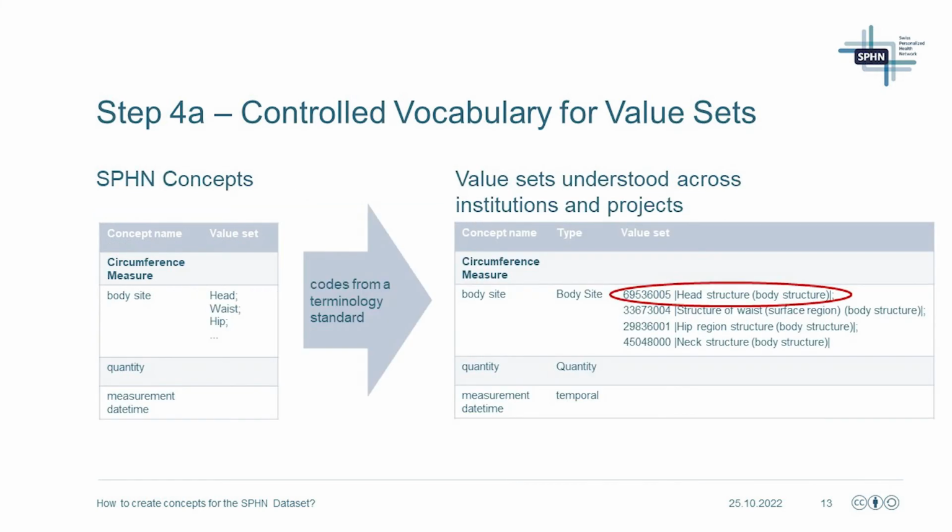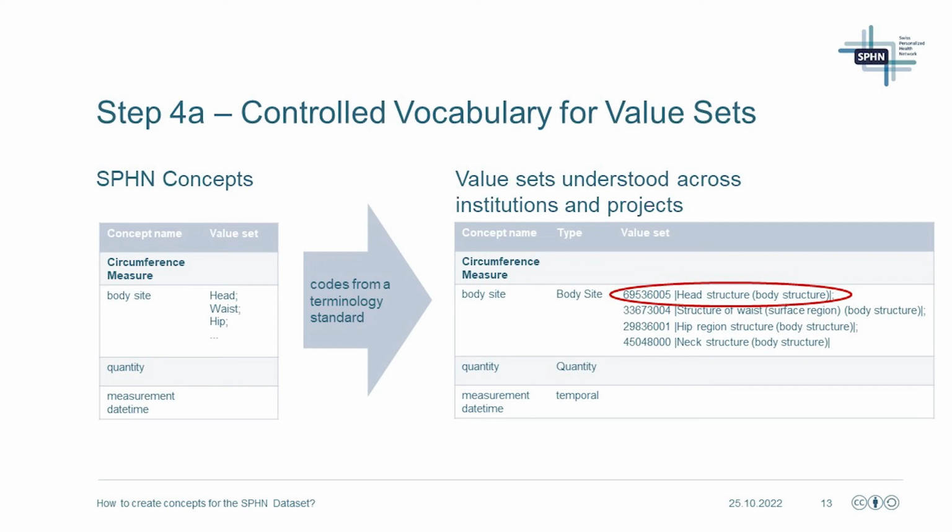That allows us to define the value set for our circumference measure concept. We have already a guiding border to design it, and all the SNOMED CT codes you see here we have chosen now for this value set are descendants of the higher SNOMED CT concept body structure.